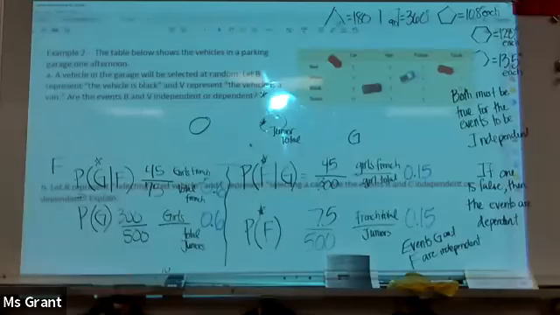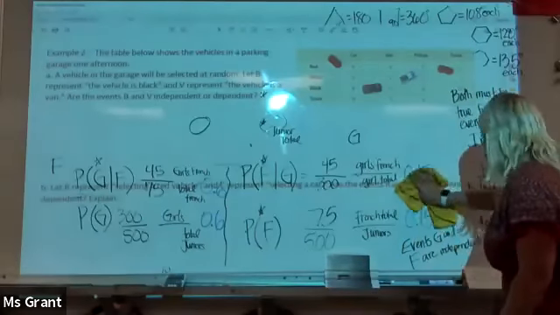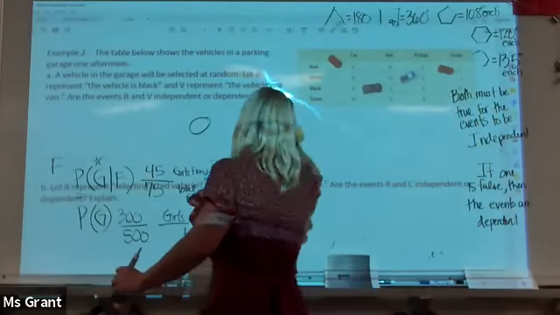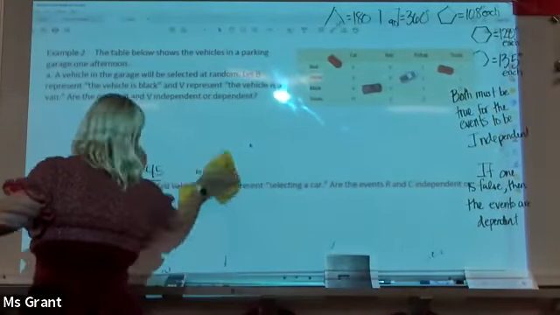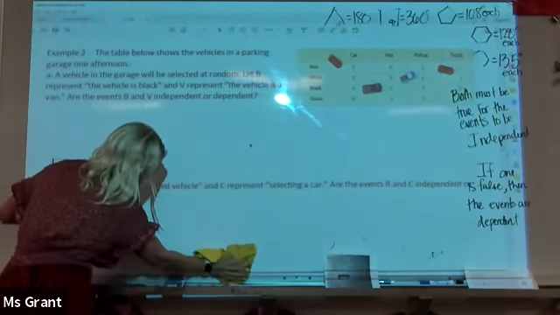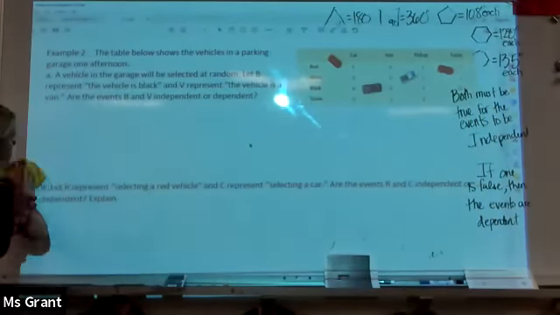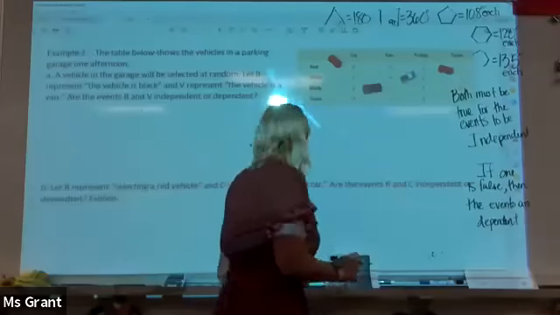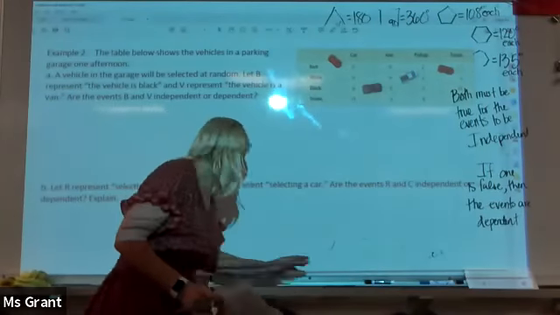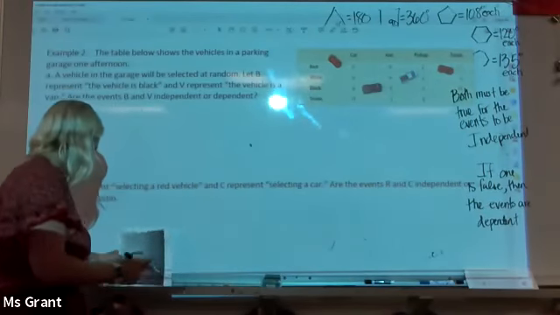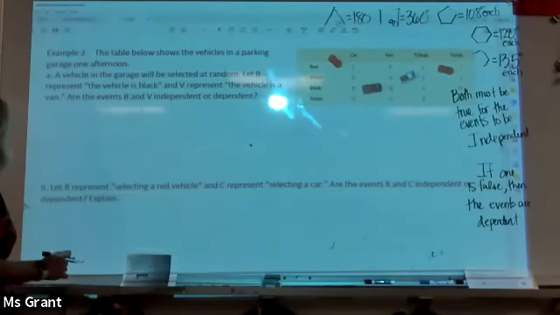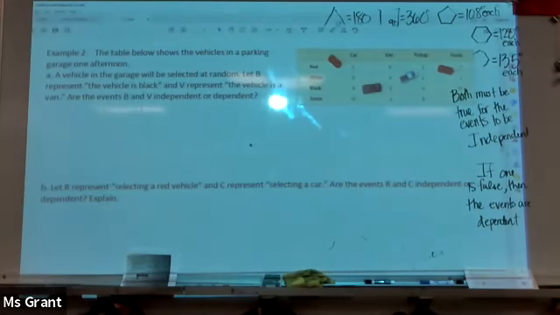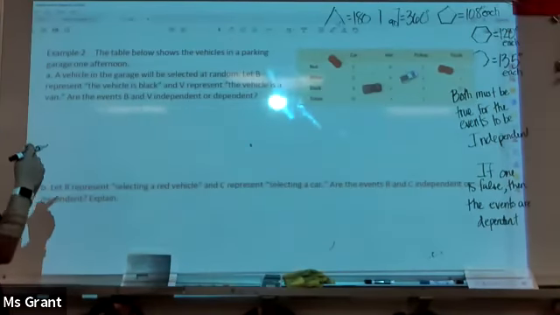Parking lots, cars in a parking lot. Great. A vehicle in the garage is going to be selected at random.